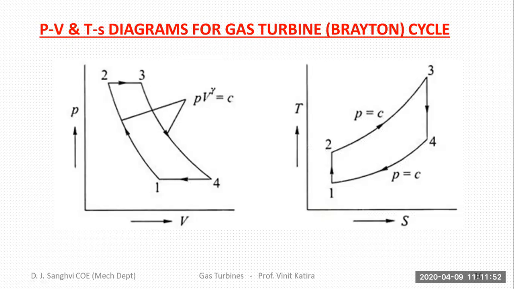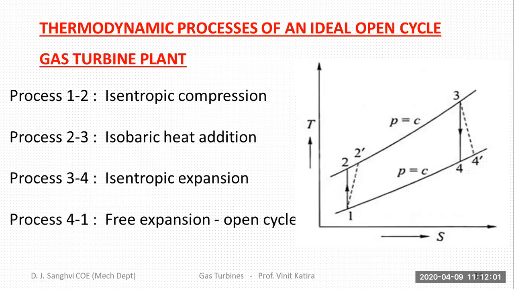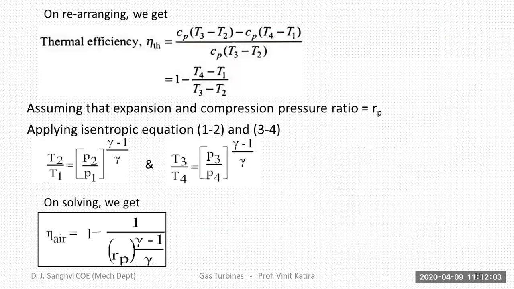We had also discussed about the PV and TS diagrams for the simple gas turbine power plant. And we had derived the expression for the efficiency of your simple gas turbine power plant, and it is given by 1 minus 1 upon Rp raised to gamma minus 1 by gamma, where Rp is the pressure ratio.